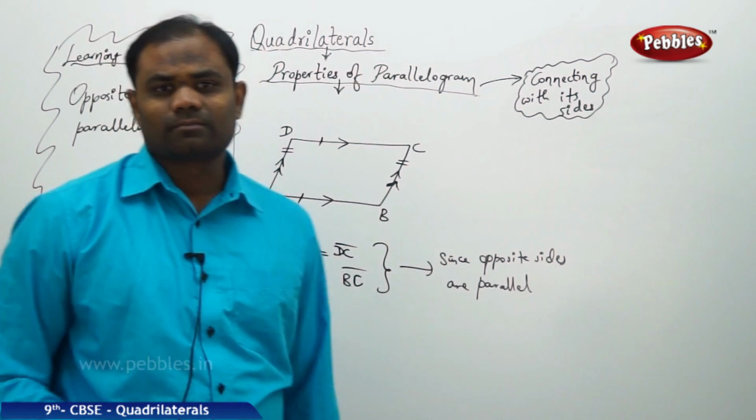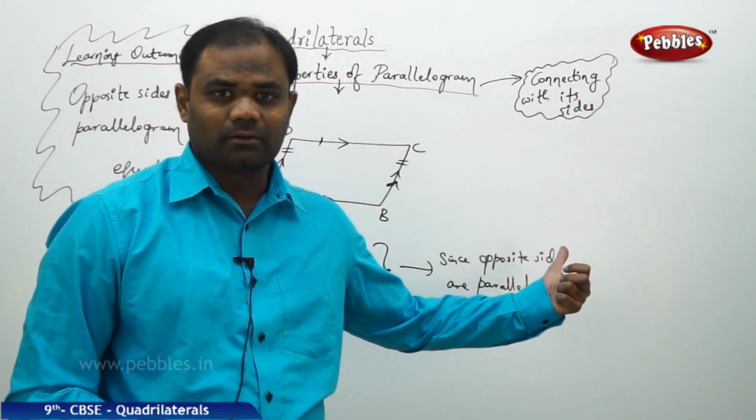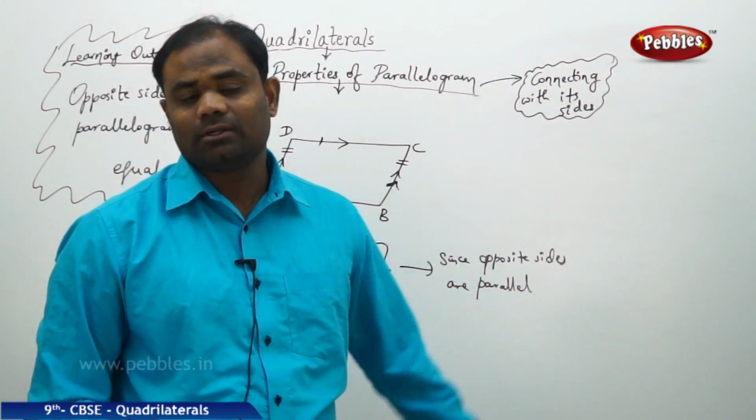Property number 2: opposite sides of a parallelogram are always equal.